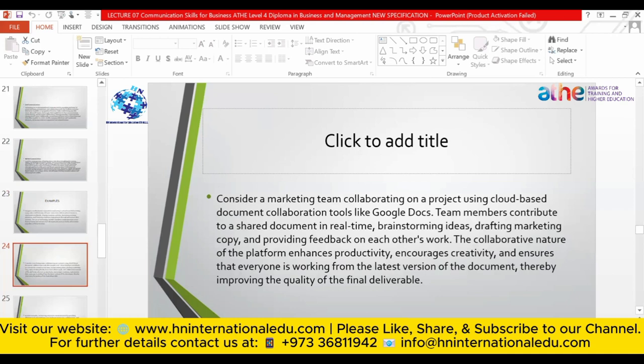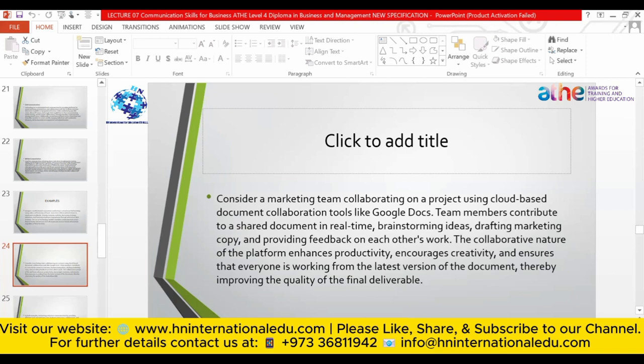Another example, consider a marketing team collaborating on a project using cloud-based document collaboration tools like Google Documents. Team members contribute to a shared document in real time, brainstorming ideas, that is, capturing whatever we get first in the mind, drafting marketing copy, and providing feedback on each other's work. That is the collaborative nature, as we are working as a team on a project.